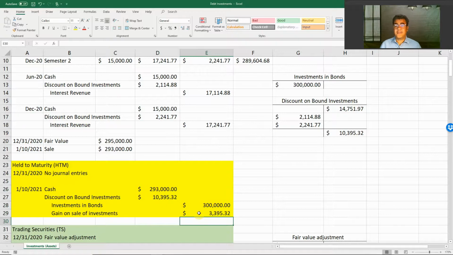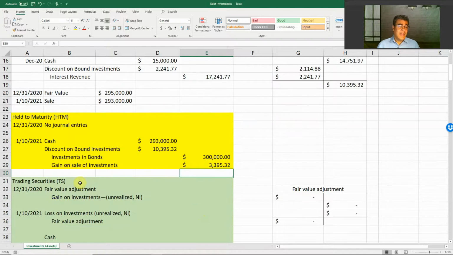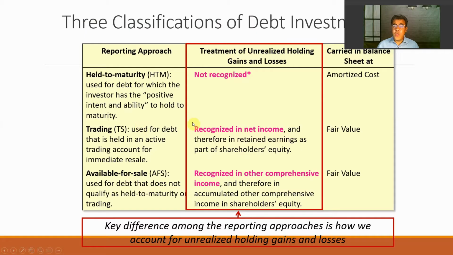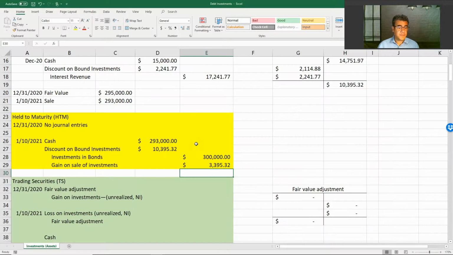Easy, as I always tell my students, easy, so boring. Let's do some cooler one. December 31st, trading. Now, trading is the opposite. We recognize the unrealized holding gain in net income. So it is a gain here.